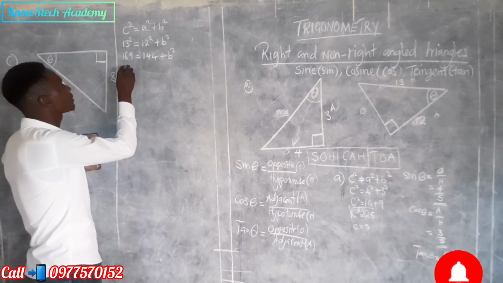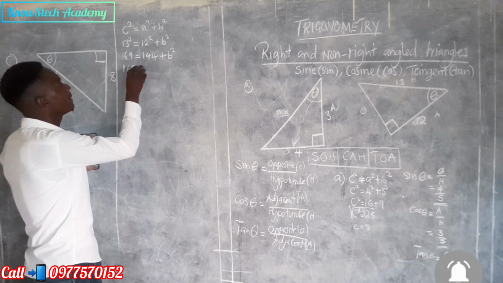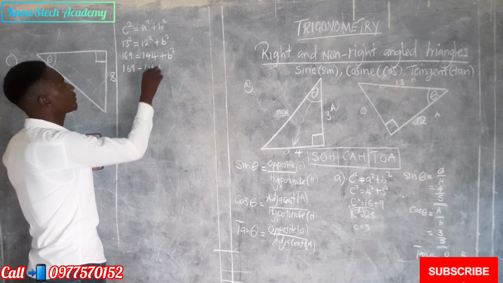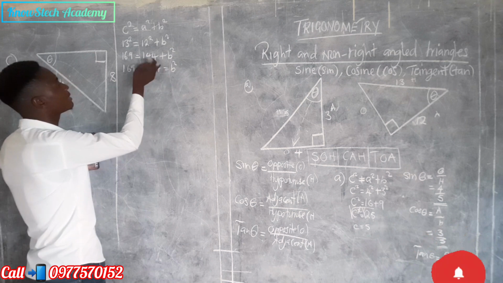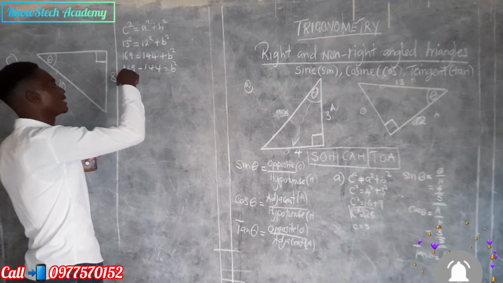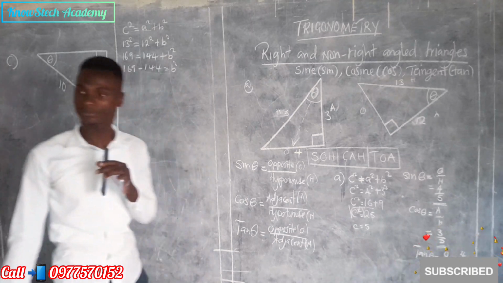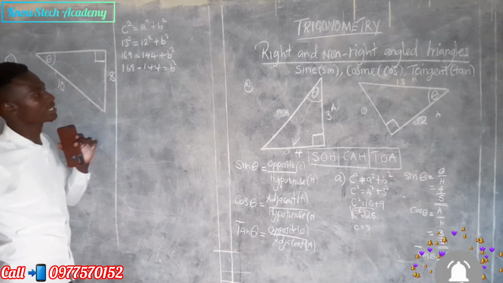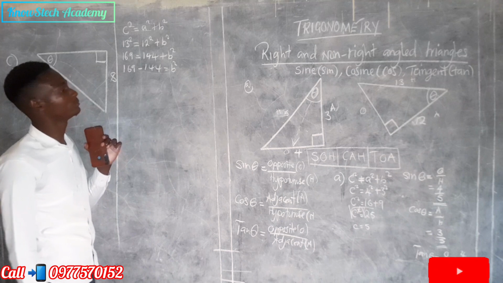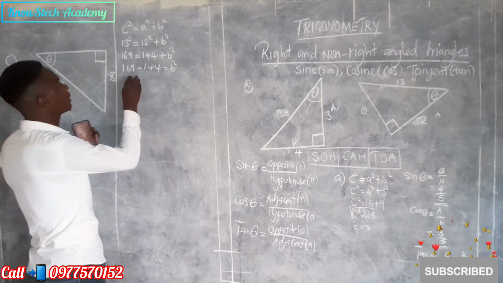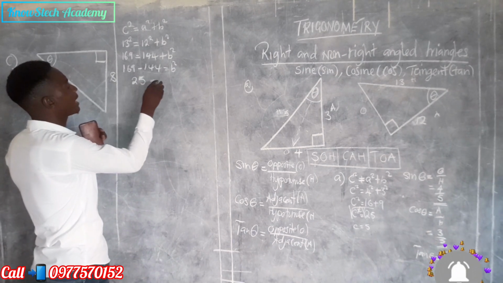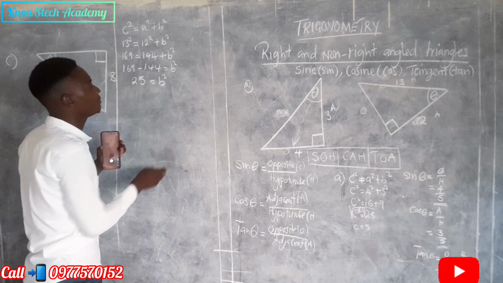We'll do 169 minus 144 is equal to b squared. This 144 will cross the equal sign. 169 minus 144, what's the answer? 25. So 25 is equal to b squared.